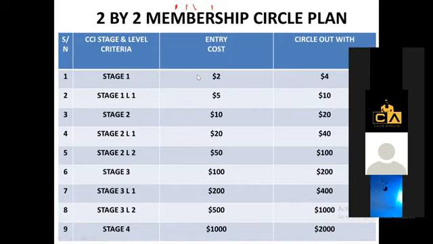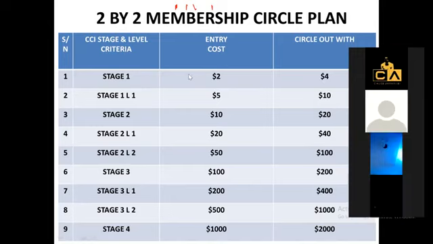That's when you register with $5, you can join the $2 cycle plan. So when you join the $2 cycle plan, you cycle out with what? With $4. That's number 1 there. You join with $2 and you cycle out with $4.